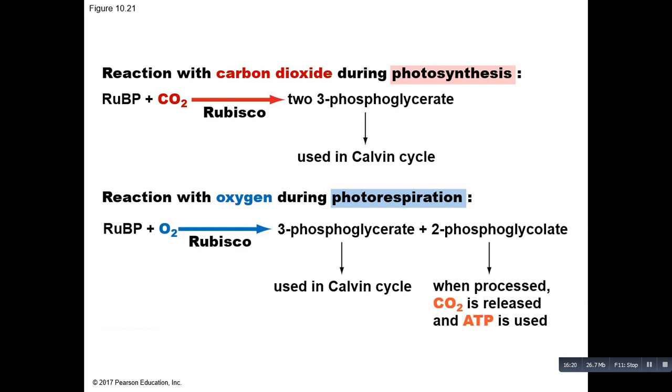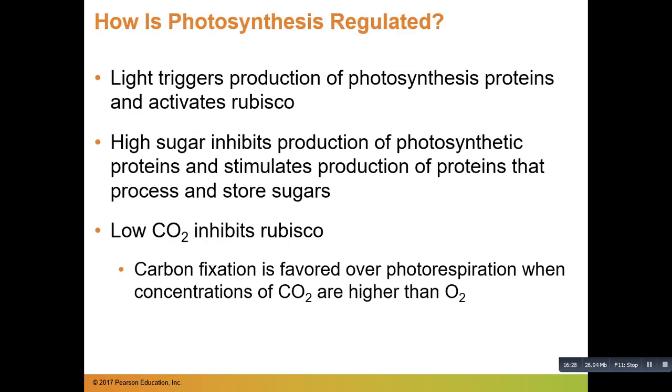Now, photosynthesis is going to be regulated just like cellular respiration is. Light is going to trigger the production of photosynthesis proteins, and it's going to activate our enzyme Rubisco. When we have lots of sugar, just like when we have lots of ATP in cellular respiration, that high sugar is going to inhibit the production of photosynthetic proteins.